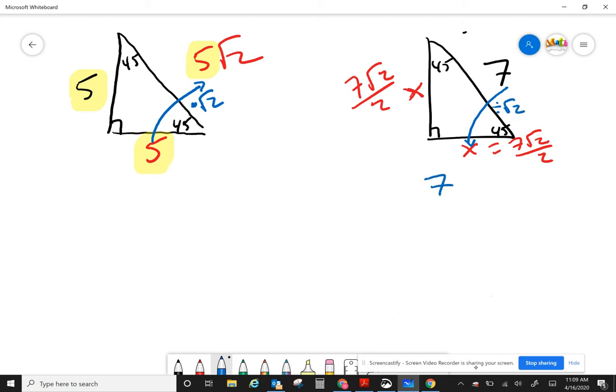Remember, at one point, I had 7 divided by radical 2. When I'm looking for the hypotenuse, I multiply by radical 2. When I'm starting from the hypotenuse, I divide by radical 2. Obviously, you cannot have radicals at the bottom, so you must rationalize.